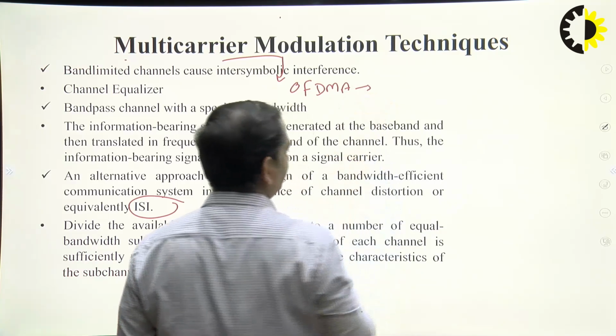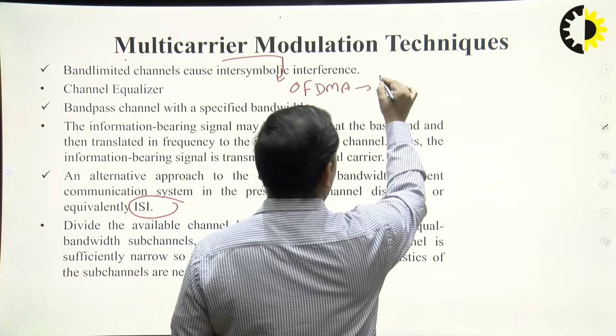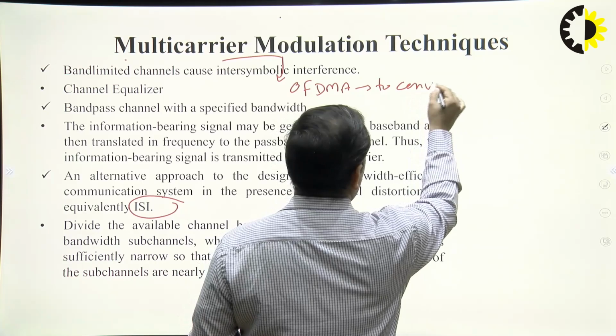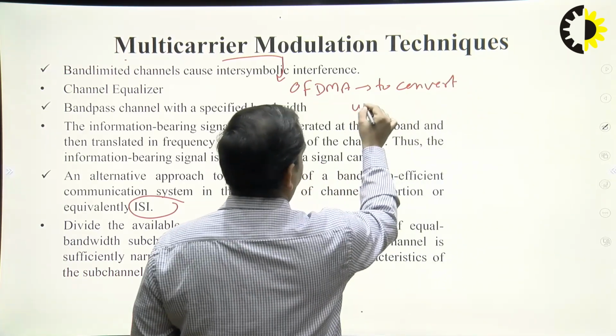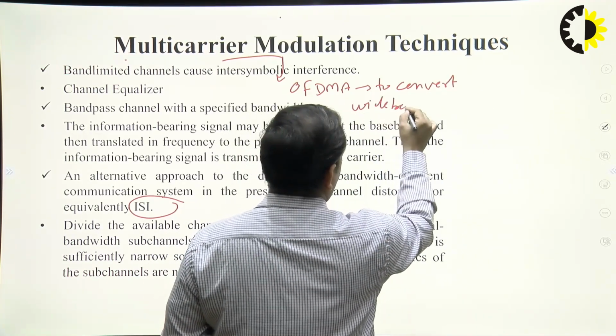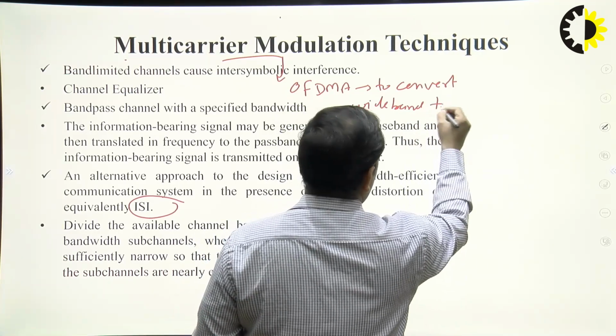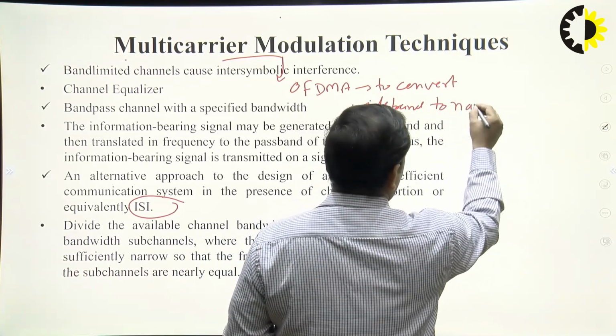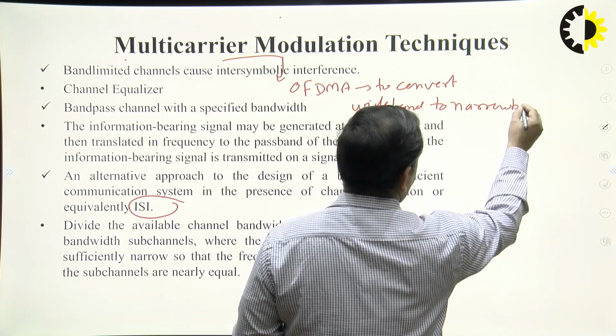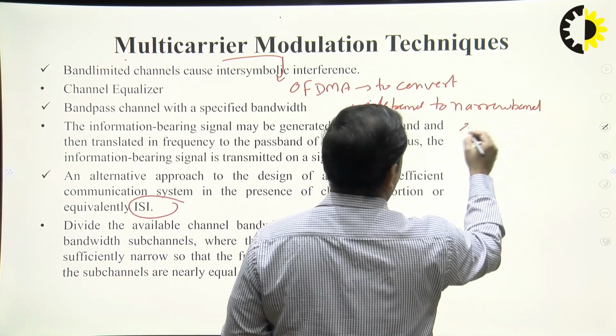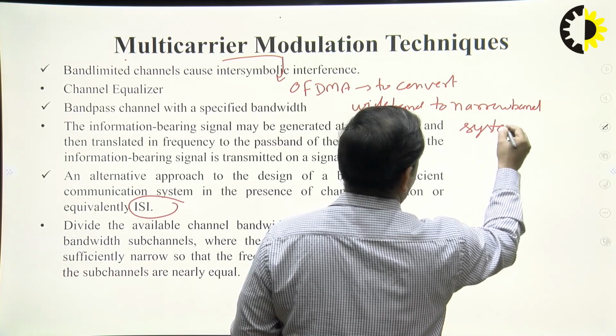And what is the purpose of OFDMA? This is to convert a wideband to a narrowband system. Is it okay?